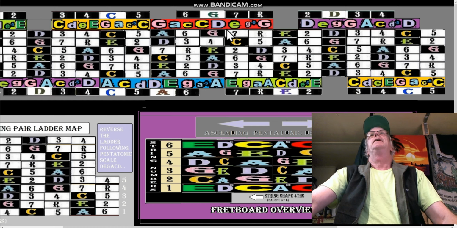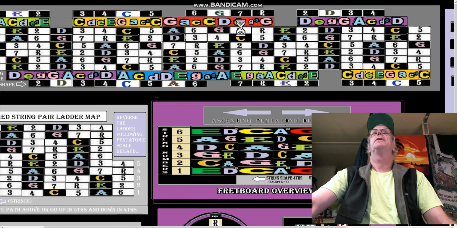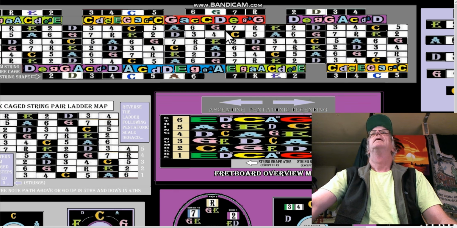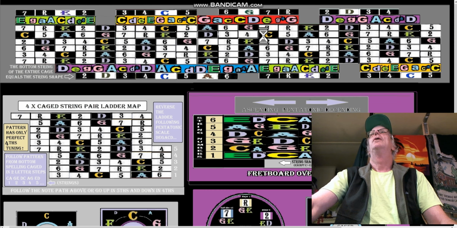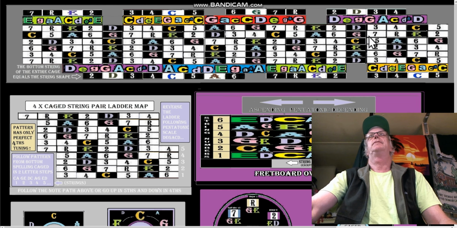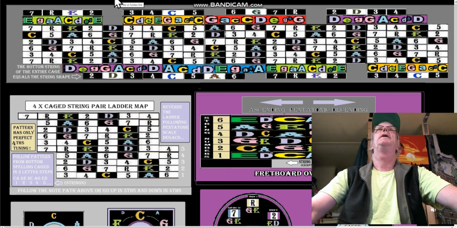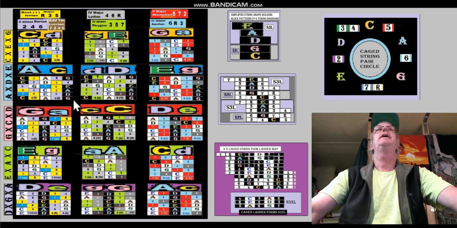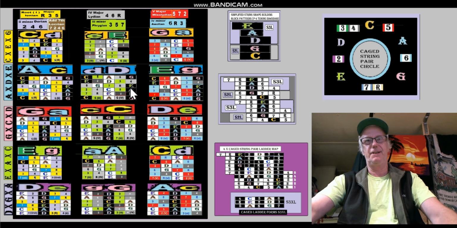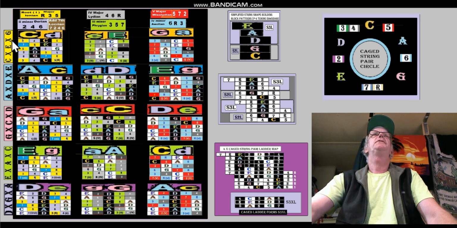Suffices to say, trying to sum this up, this has everything. So we'll come back to this if we have to. But I want to tell you that this has everything. We have the tripentatonic, but it's arranged differently.